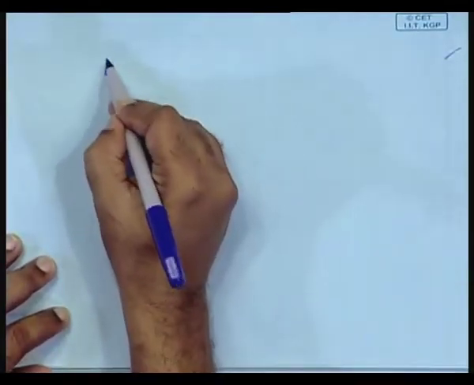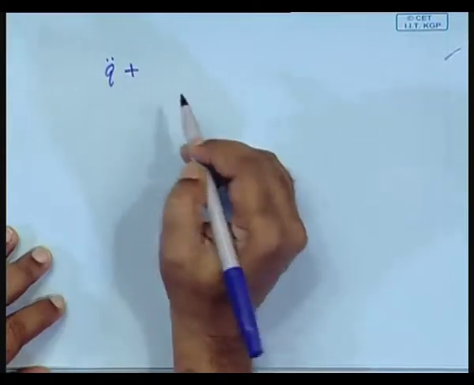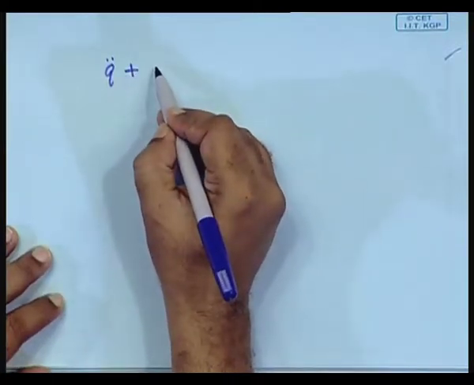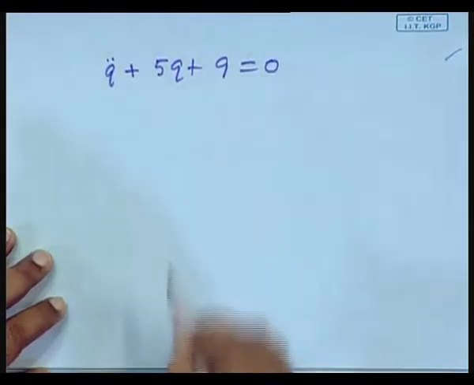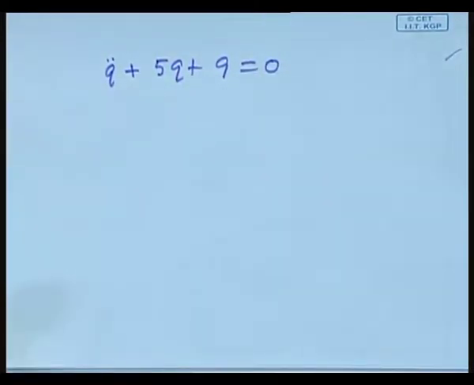Suppose the equation we have is something like q double dot plus, say, 5q dot plus 9q. What will be the behavior? Decaying sinusoid. How do you know?